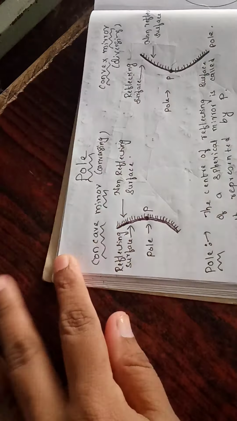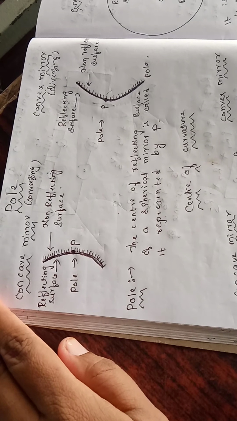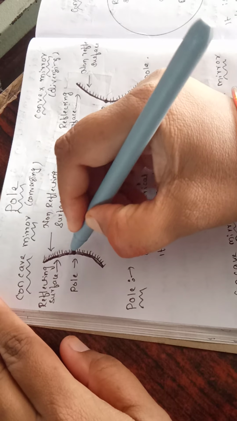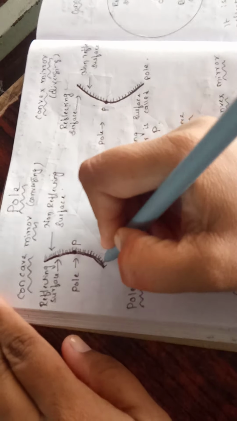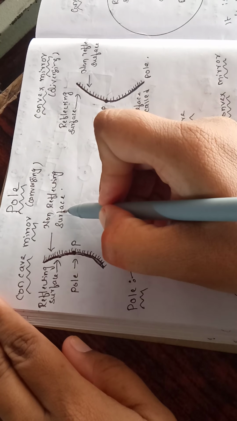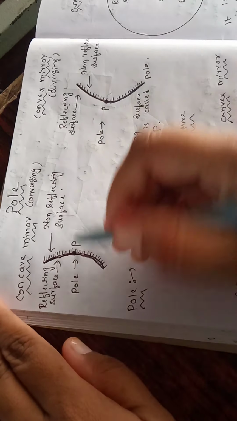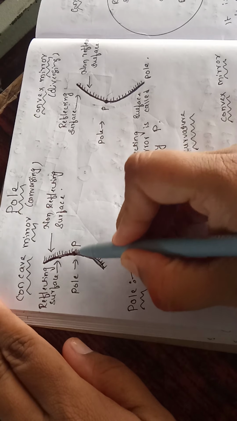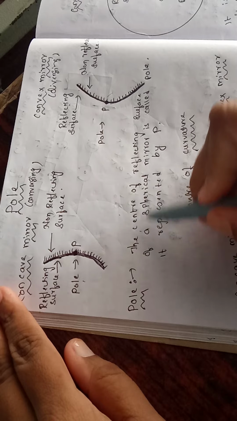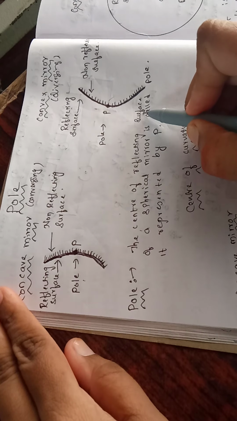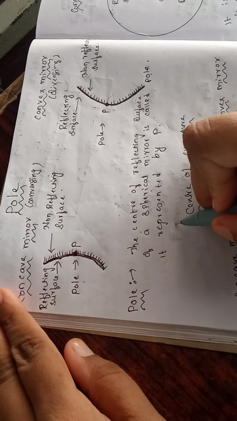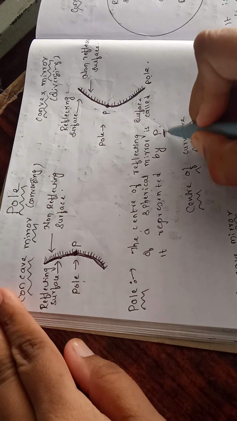Okay, so first let us define what is pole. Now here I took one concave mirror. This is the reflecting surface, and this is the non-reflecting surface. Now the center of this reflecting surface we call the pole. The center of the reflecting surface of a spherical mirror is called the pole. It is represented by the letter P.